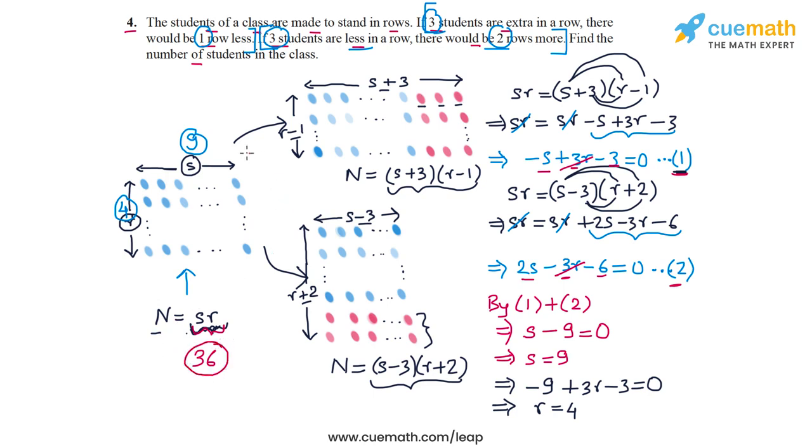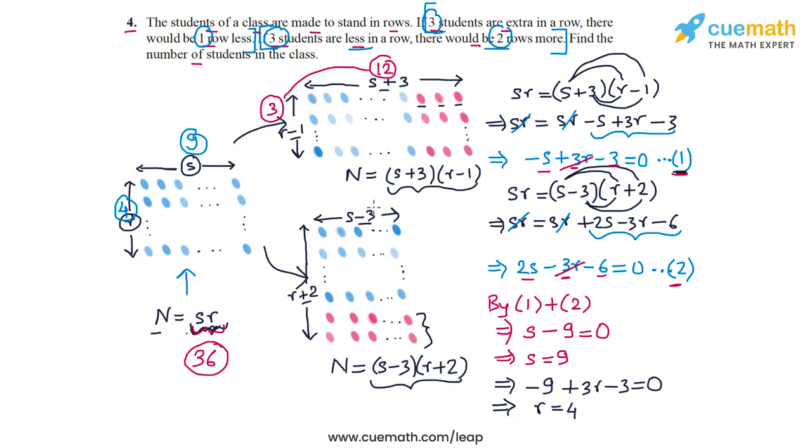But let's verify if this aligns with what is told to us in the problem statement. If the number of students per row increases by 3, the new number of students per row becomes 12, and the number of rows reduces by 1, so that becomes 3. 12 times 3 is still 36. So this makes sense.